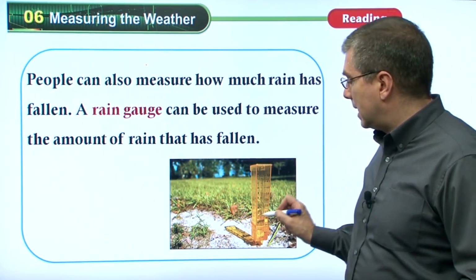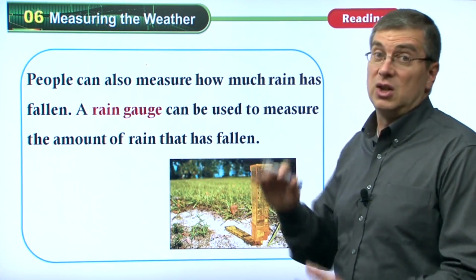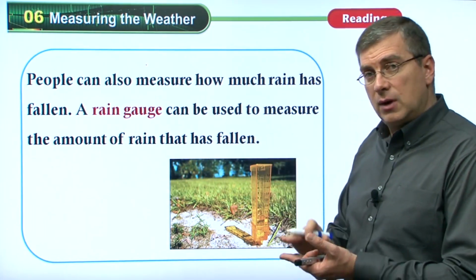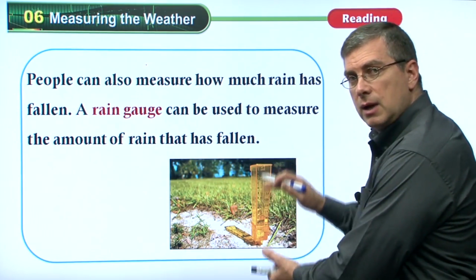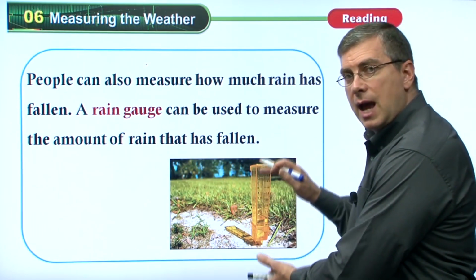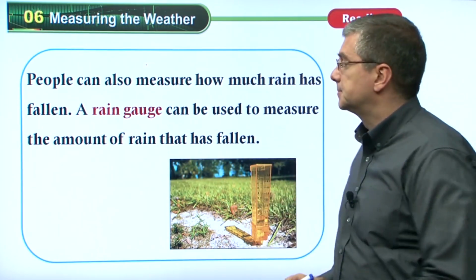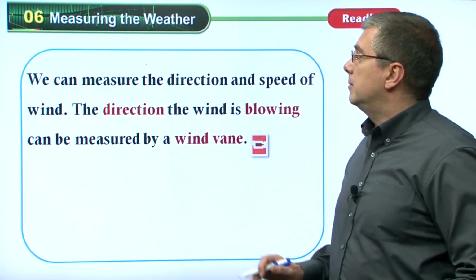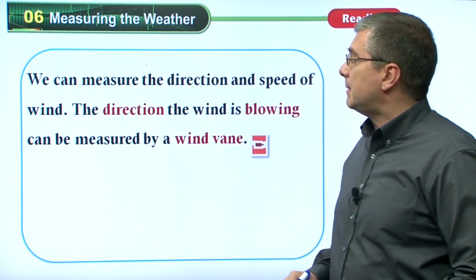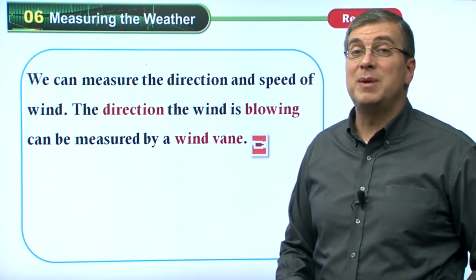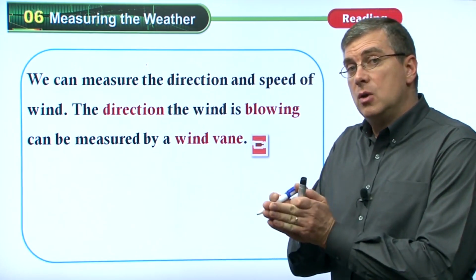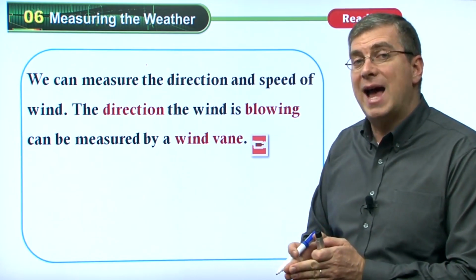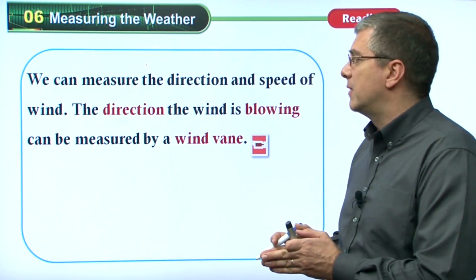If it's full, that's a lot of rain fell. But if it's very little, not very much rain fell. So we can measure that, right? How much of an amount? Okay, we can also measure the direction and the speed of the wind. Not only can we measure the direction, we can also measure how fast is the wind. What is the speed of that wind?